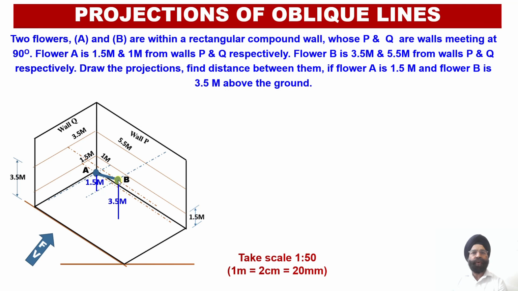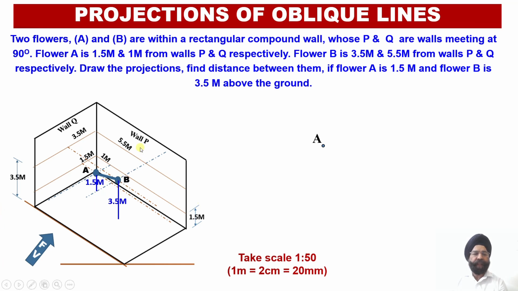Once we draw the orthographic projections, we will evaluate the true length of the distance between point A and point B in space, and the true inclinations of this true length with respect to the two reference planes, that is the horizontal plane and the vertical plane.